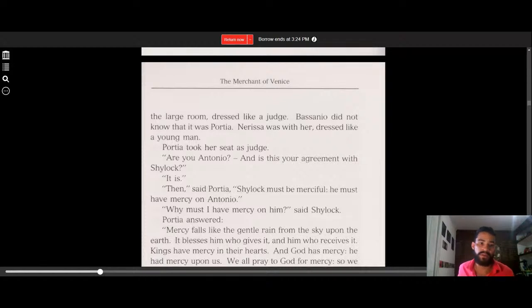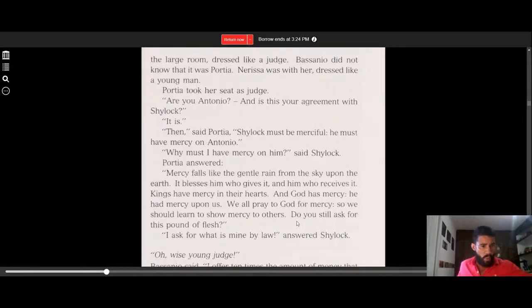"Are you Antonio? And this is your agreement with Shylock?" "It is." "Then," said Portia, "Shylock must be merciful. He must have mercy on Antonio." "Why must I have mercy on him?" said Shylock. Portia answered, "Mercy falls like a gentle rain from the sky upon the earth.